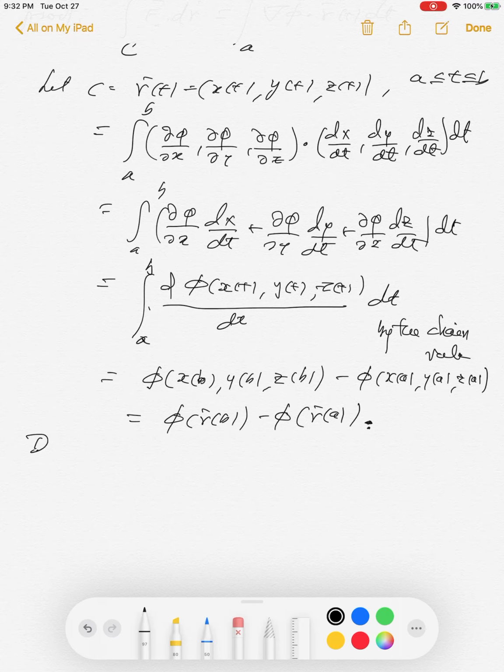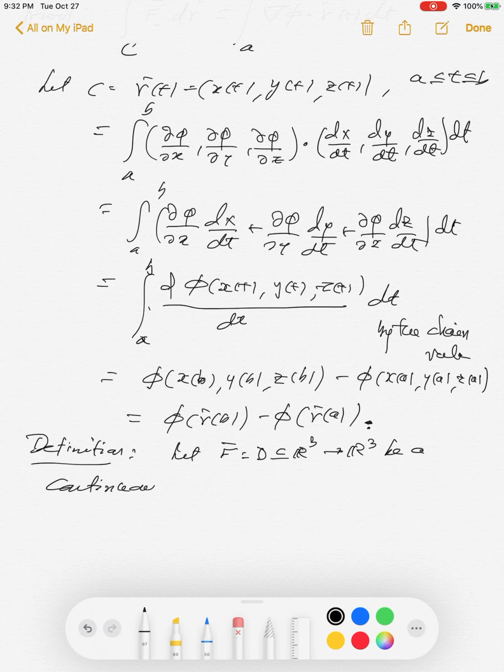So now we make this definition. A vector field is called conservative if any one of these conditions holds. So definition: let F bar from D, which is a subset of R3, to R3 be a continuous vector field.